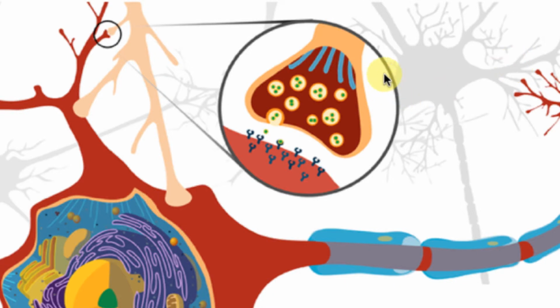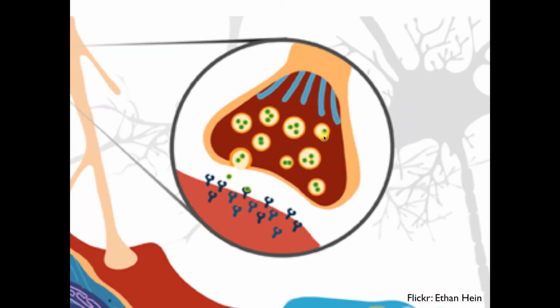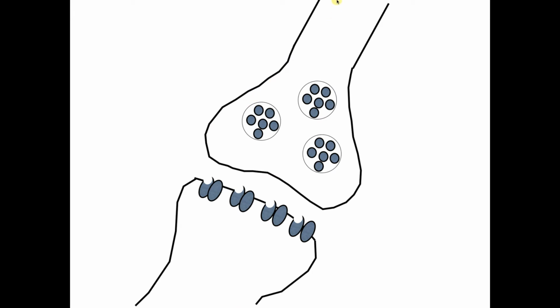So as you can recall, we've got the presynaptic neuron and the postsynaptic neuron. And contained within the presynaptic neuron are synaptic vesicles with neurotransmitters within them. For simplification purposes, I'm going to make the plasma membranes into lines. So here we've got our presynaptic neuron, our postsynaptic neuron.